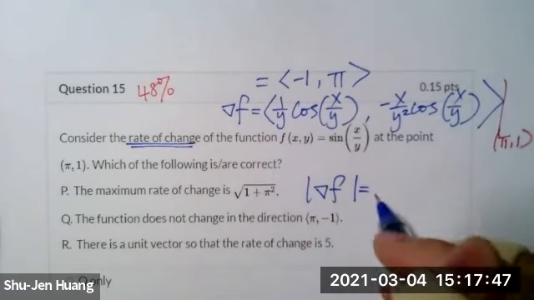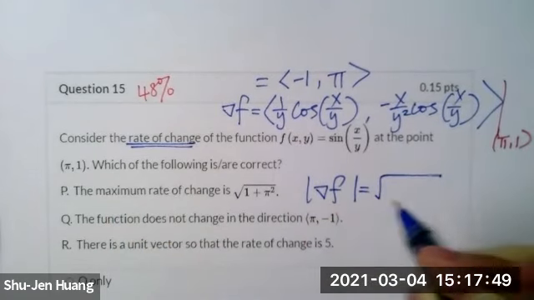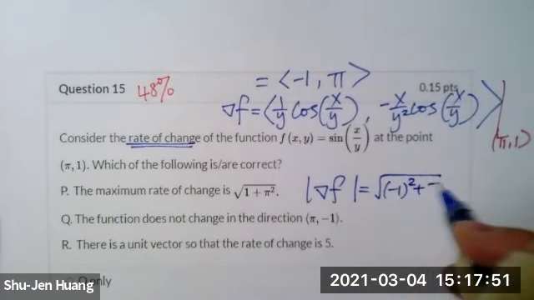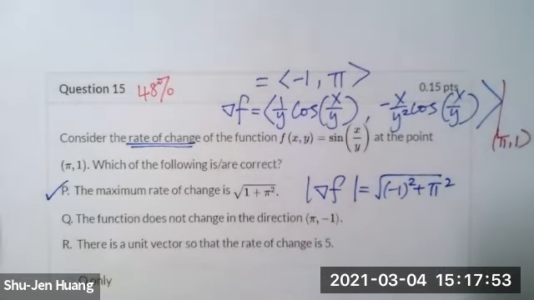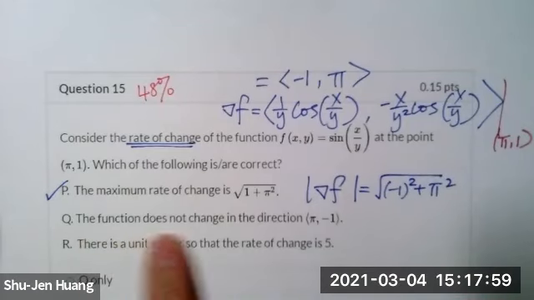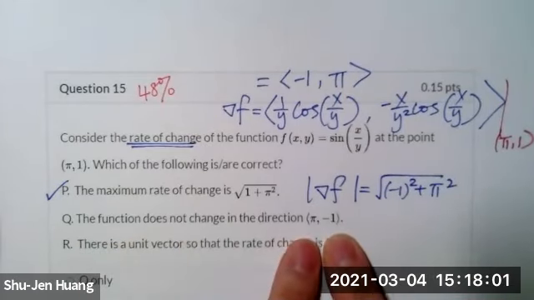So in this case here is square root of -1 squared plus pi squared. So this one is correct here. And the second one, it says the function does not change in this direction. Is that correct? No. Can you give me the correct direction?